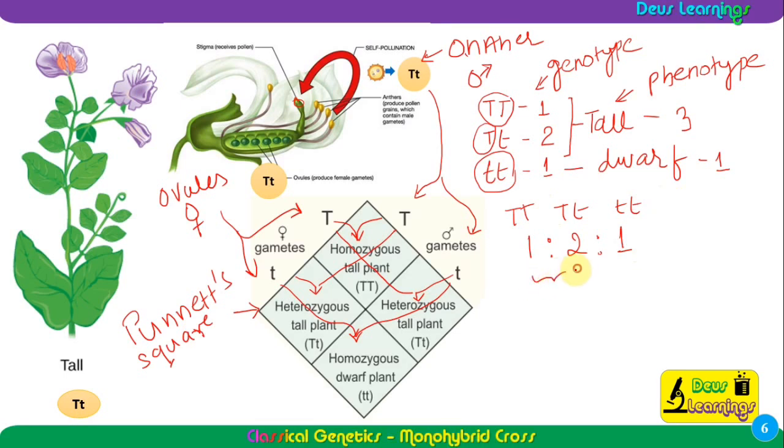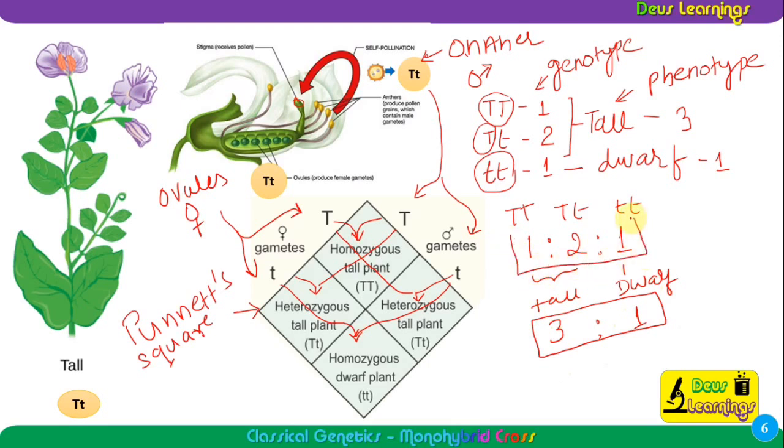And since the tall ones are 3 and only one is dwarf, the phenotype ratio will be 3:1. So remember that the phenotype ratio is 3:1 and the genotype ratio is 1:2:1. That was very basic actually.